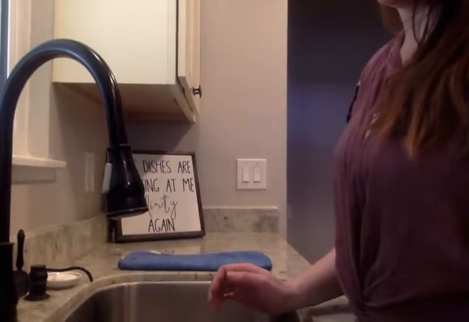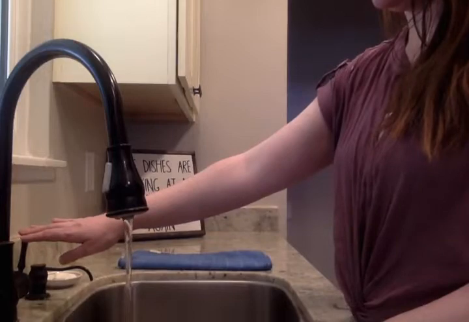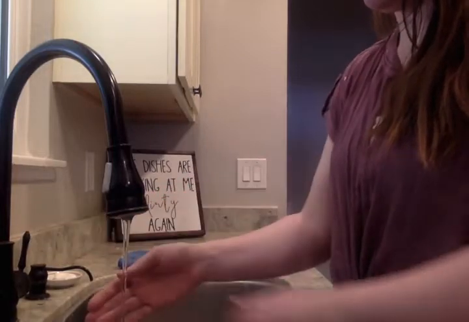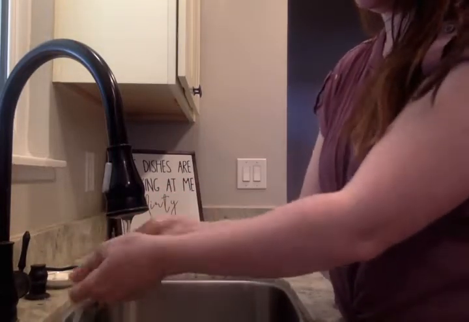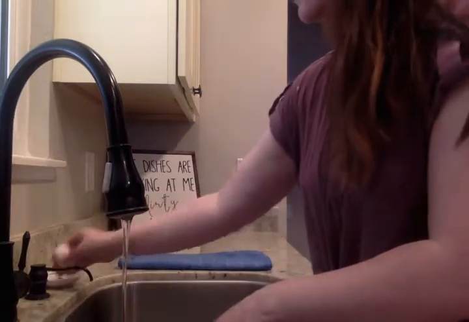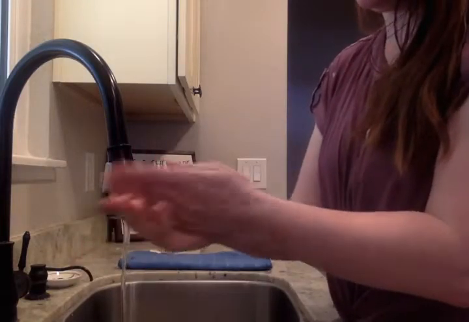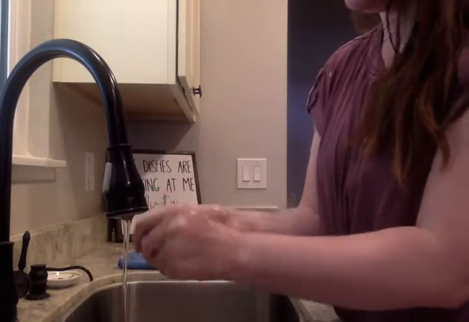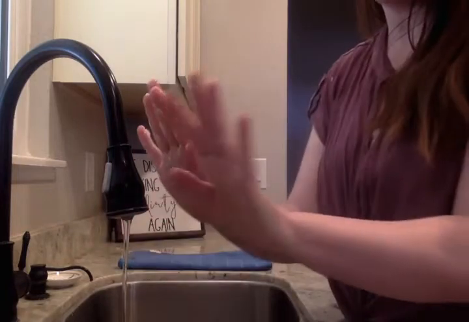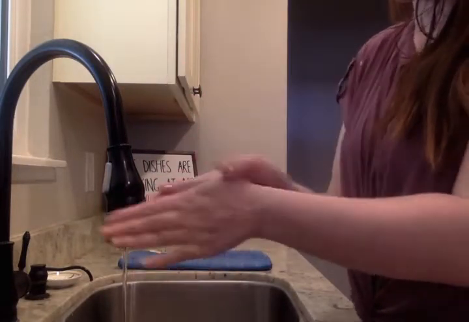So now I'm going to turn on the water and wet my hands. Okay, soap. I have soap on my hands. Now I'm going to sing my song and scrub.